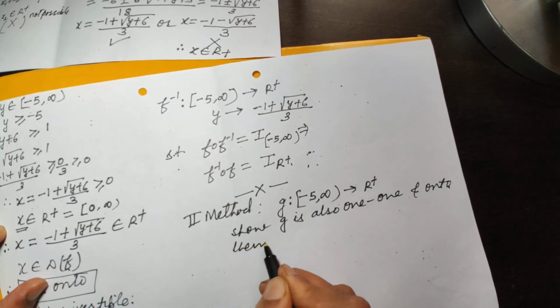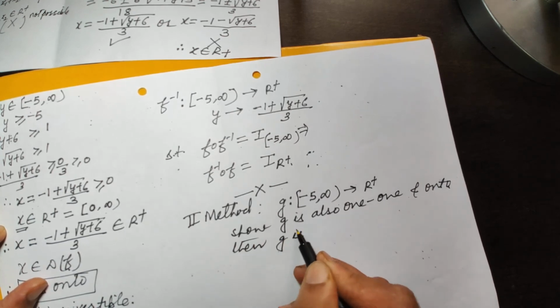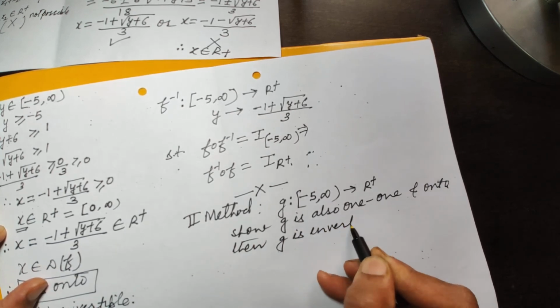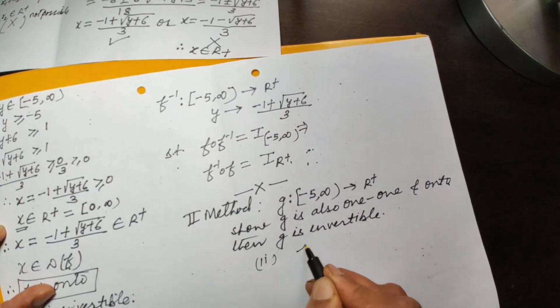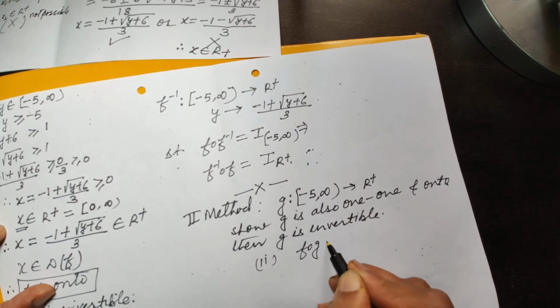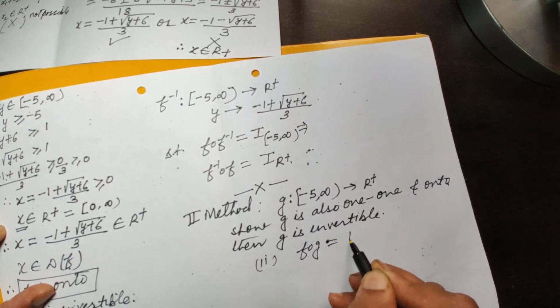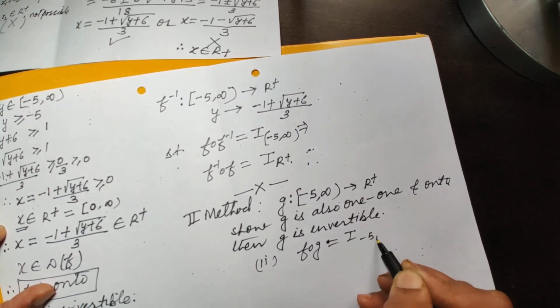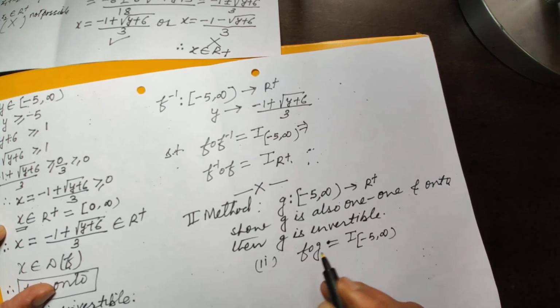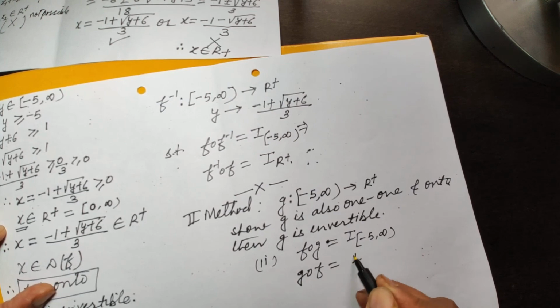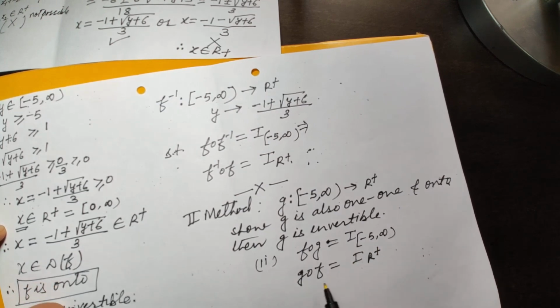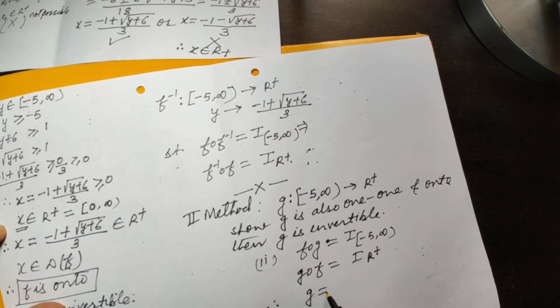Then g is invertible. Then I will show that fog is identity on the set -5 to infinity, or I can show gof is identity on R plus. Therefore, g and f are inverses of each other. g is f inverse. Okay.